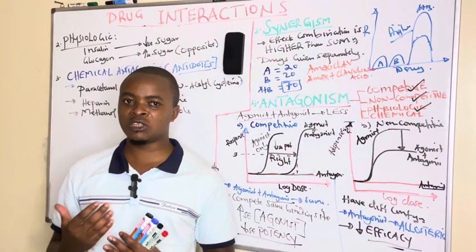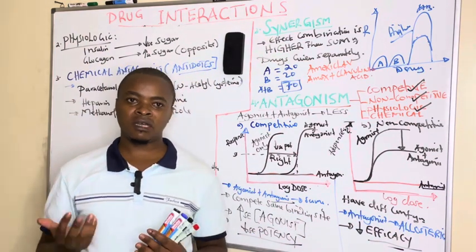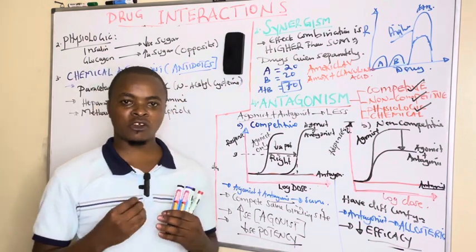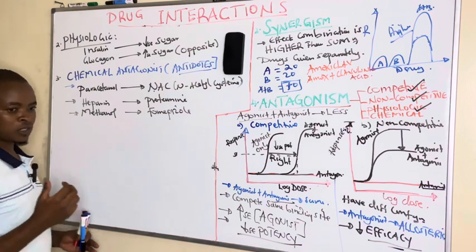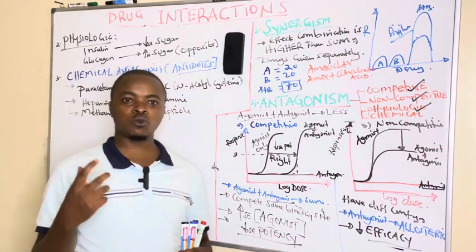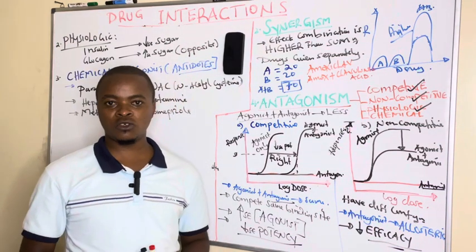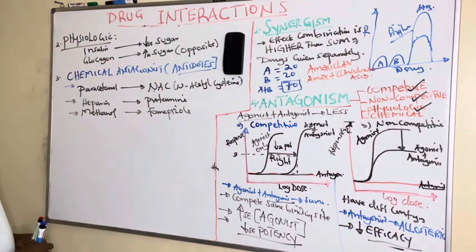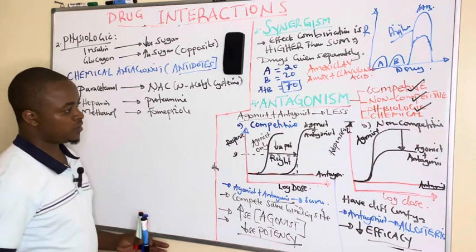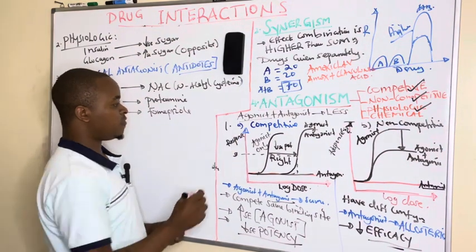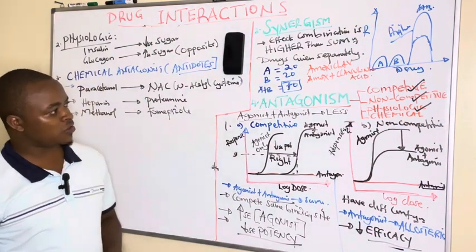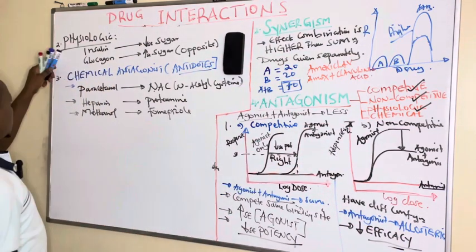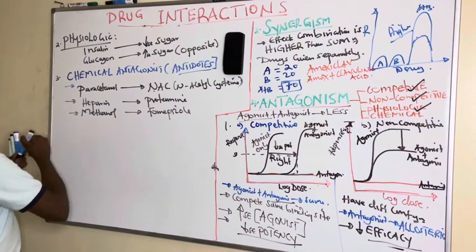Chelating agents: when you are intoxicated with heavy metals like lead or iron, we can always give you an antidote known as suxima, which is also an antidote that can reverse the toxicity of that drug. So these are the three categories of antagonists we can discuss: competitive versus non-competitive, physiologic and chemical antagonists.